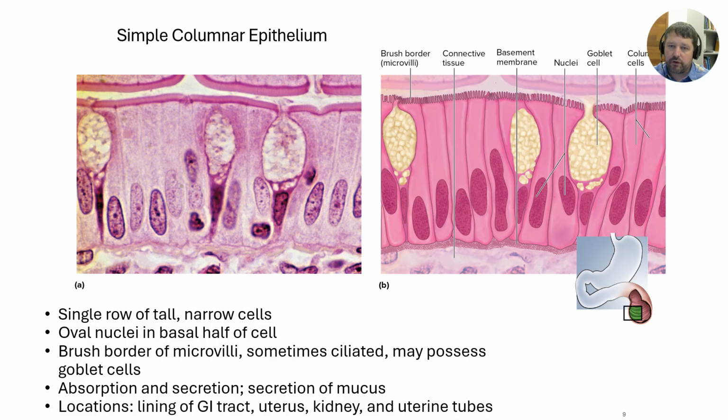So long columns like you see here, associated with your intestines and regions where you might be absorbing nutrients. And here you can see there's microvilli associated with this, so even more surface area. But these long column cells have a single nucleus, but lots of length to them.